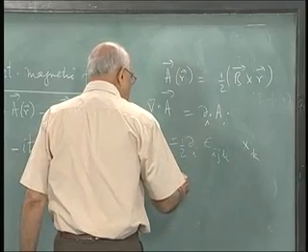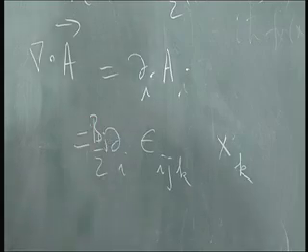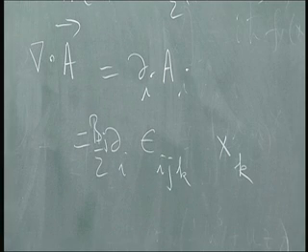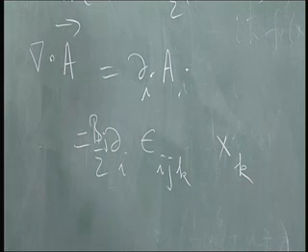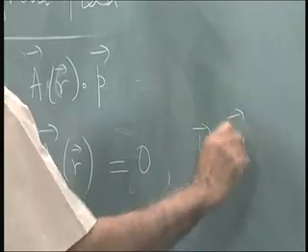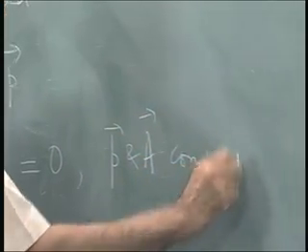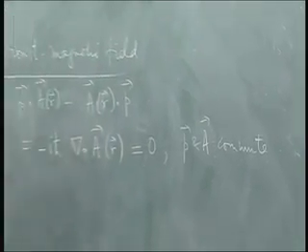So this guy B_j comes out, and I leave you to check that this in fact goes to 0. So the divergence is 0 and therefore you are in good shape. P and A commute. So that complication is off our hands.